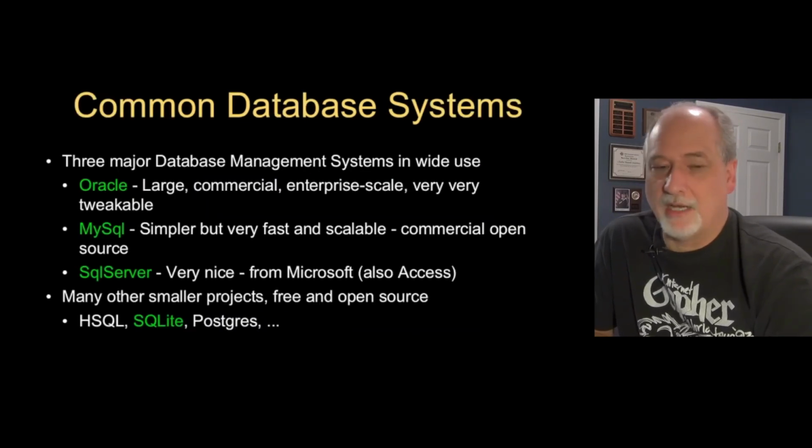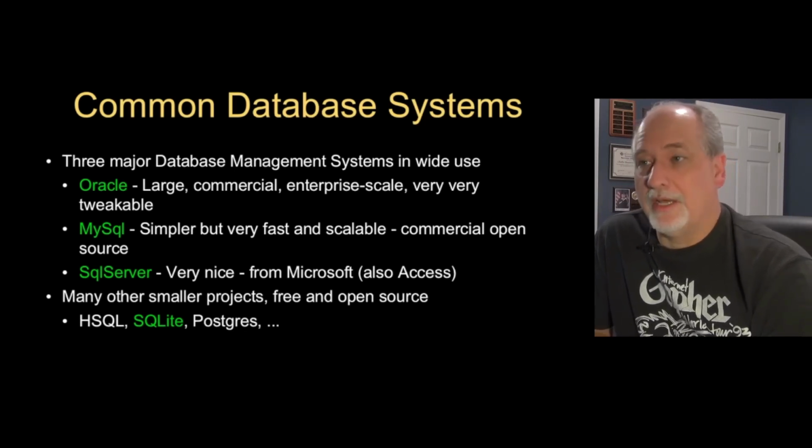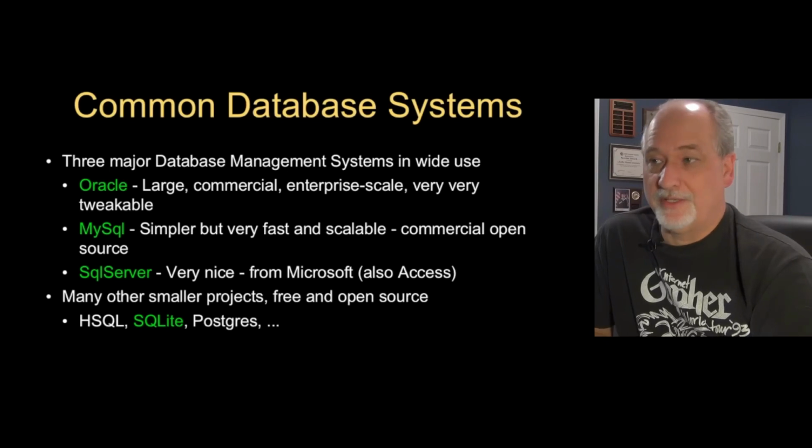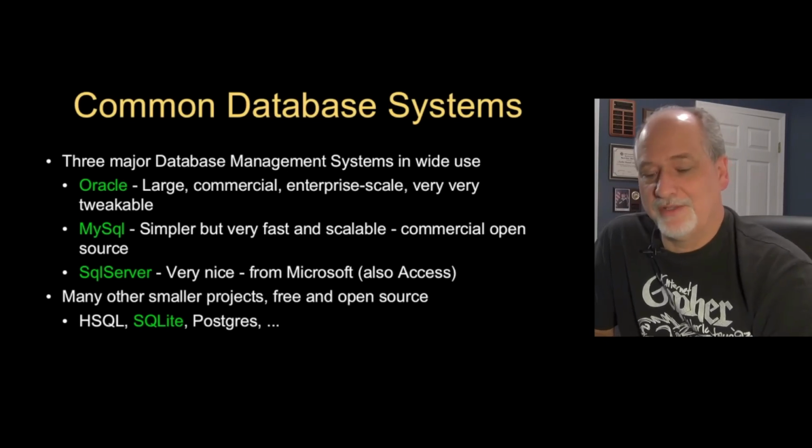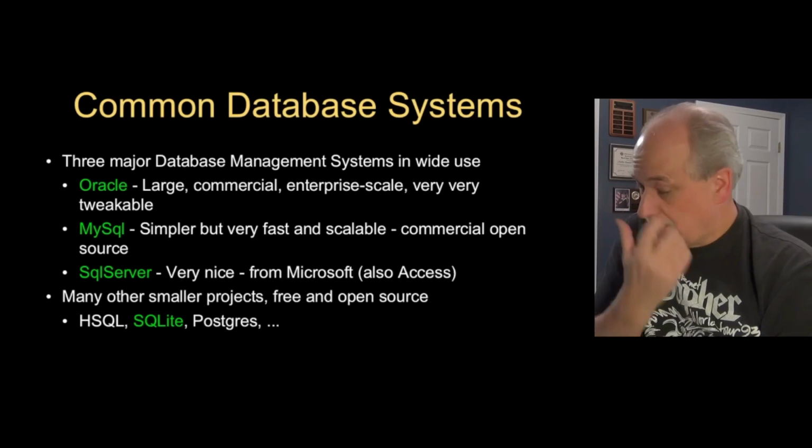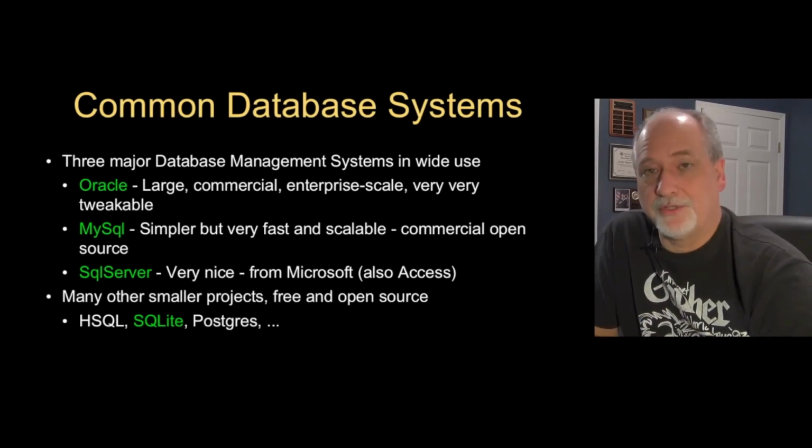There are a lot of products out there that you may encounter. We're going to be using SQLite. SQLite's a little tiny database server, and it's built into so many things, and that's why we like it. But if you're going to work at a large organization, you could easily run into Oracle, which is the number one commercial product. Microsoft has a thing called SQL Server, which is a commercial product, and it's also very popular and very effective.